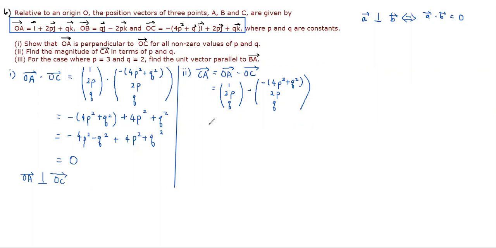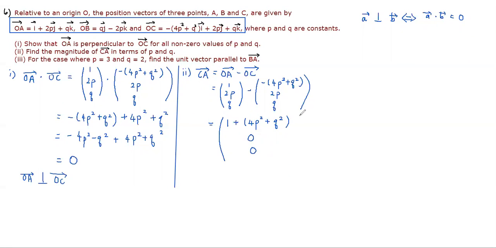So we subtract the corresponding components to find vector CA. So this gives 1 plus 4p squared plus q squared for the components of vector I. For the component of J, you have 2p subtracted by 2p, which gives a 0.